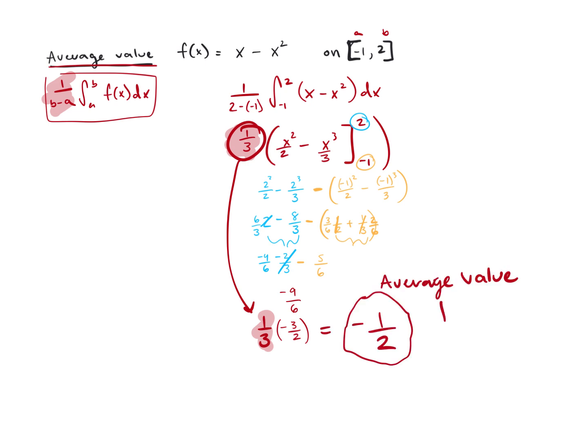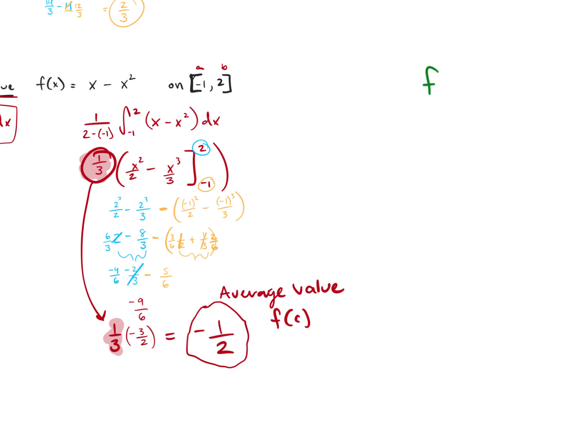So this is f of c. Let's say we had another question that said find c. What would we do to find c? For c, we just have to set our function equal to the average value.